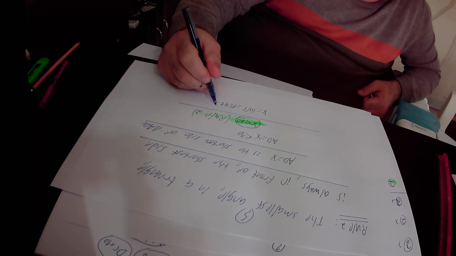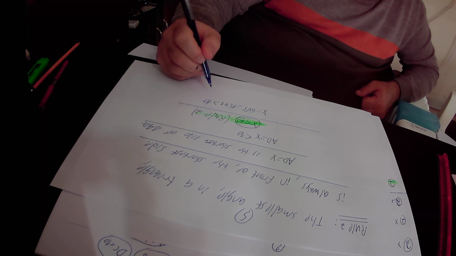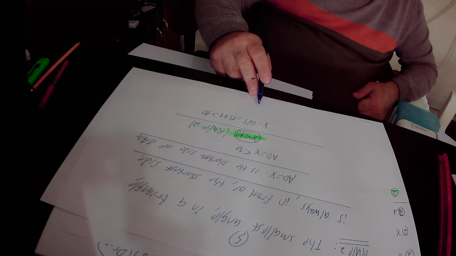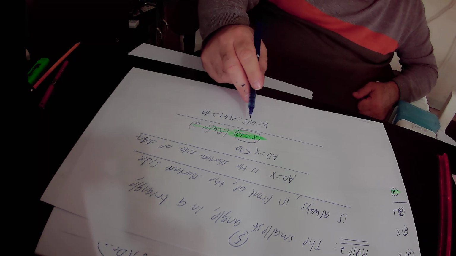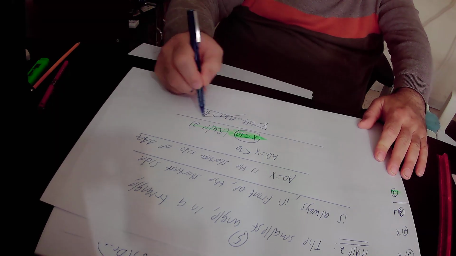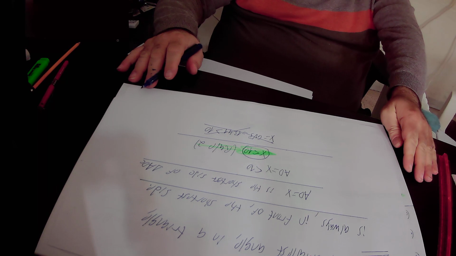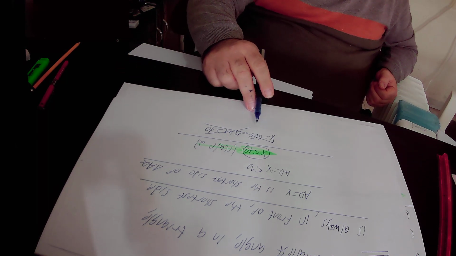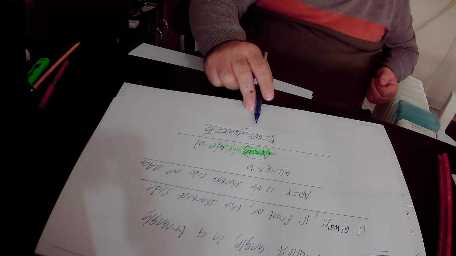It is greater than 10 units. Therefore, this solution is an incorrect solution because X must be less than 10 units. So we cancel this solution because X must be less than 10 units, and here X is greater than 10 units.